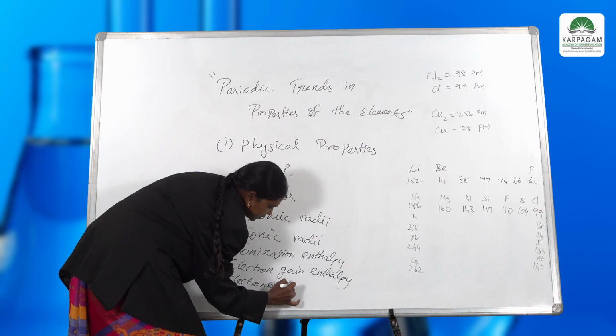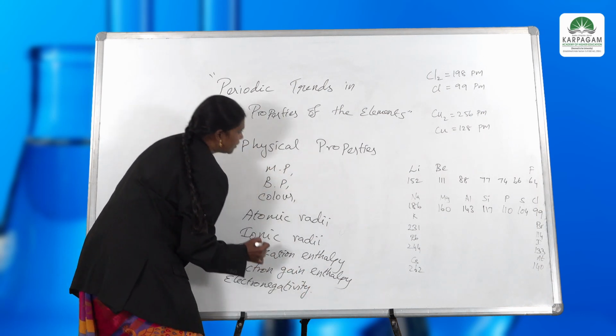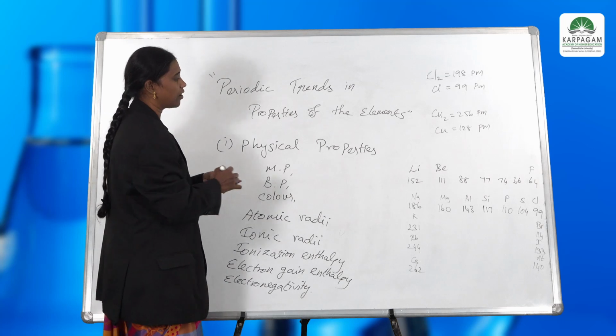So these 5 properties are well defined periodic trends along with the elements.